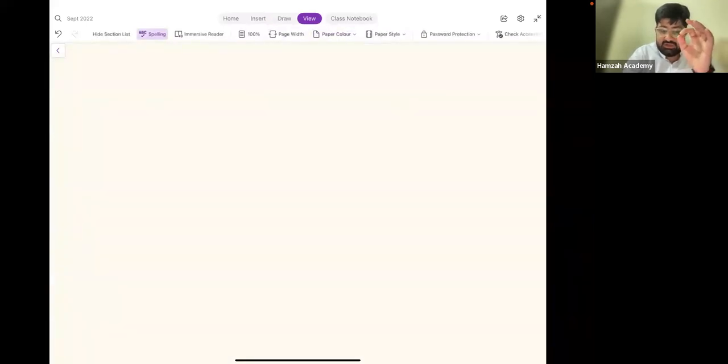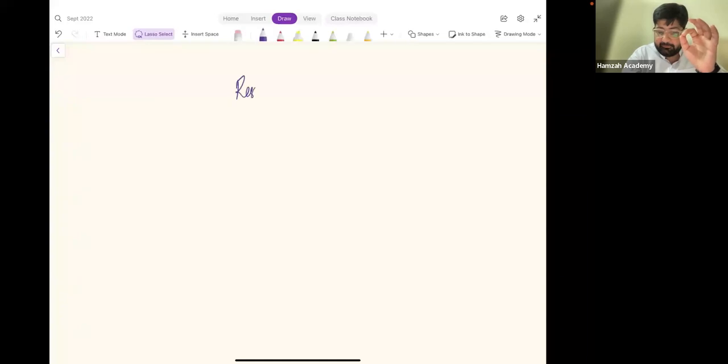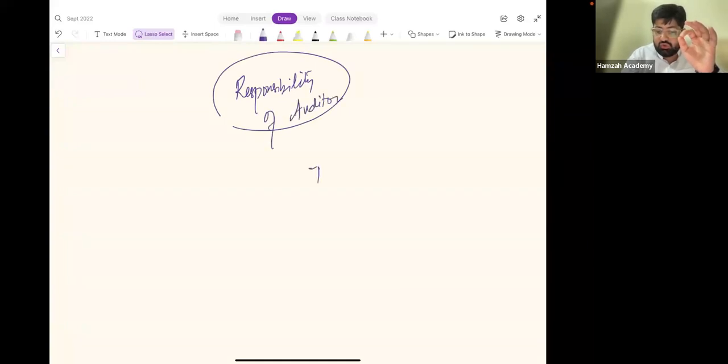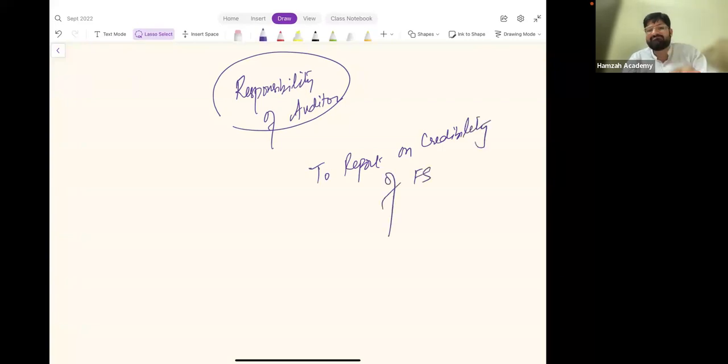The responsibility of auditor is that is to report on the credibility of financial statements of client.